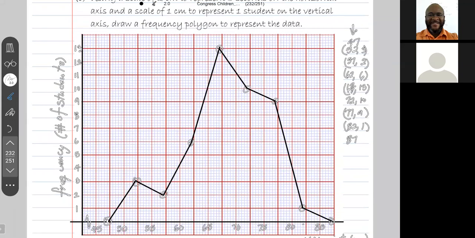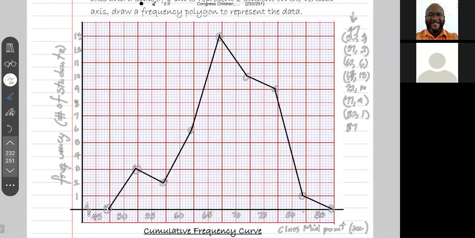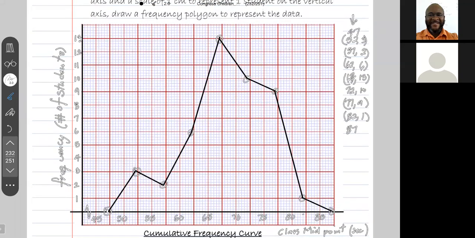On the vertical axis, we have the frequency, which in this case is the number of students. On the horizontal axis, we have the class midpoint, which is time in seconds. The frequency polygon must open and close on the horizontal axis.